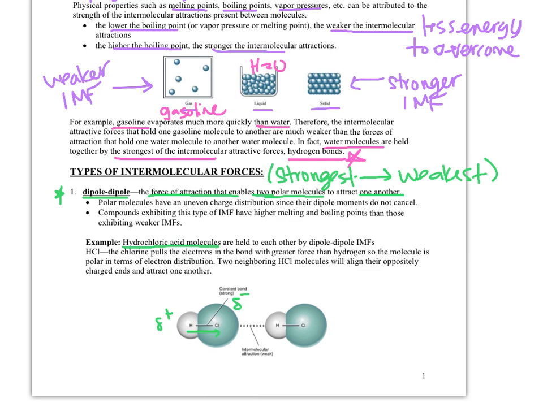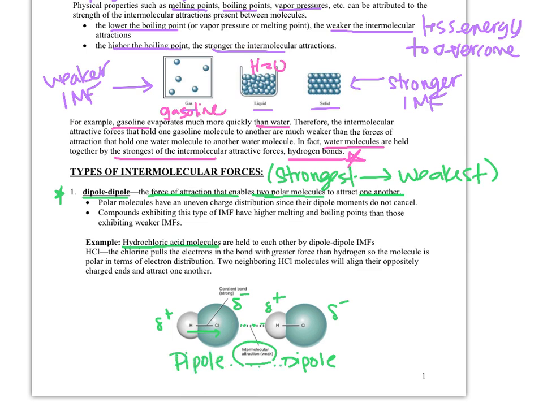And so if I have two of those HCl molecules next to each other, then of course they're going to attract to each other. So we're going to have this IMF right here. That's called dipole-dipole because it's the dipole attracted to the dipole of another molecule.